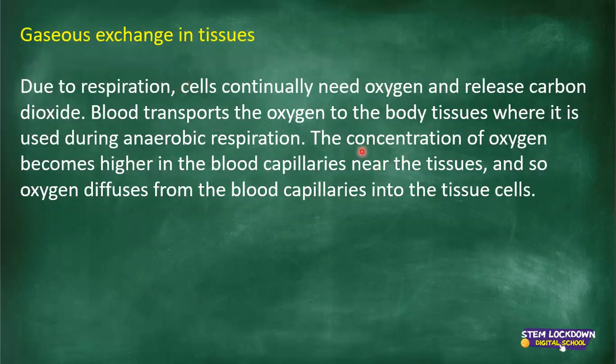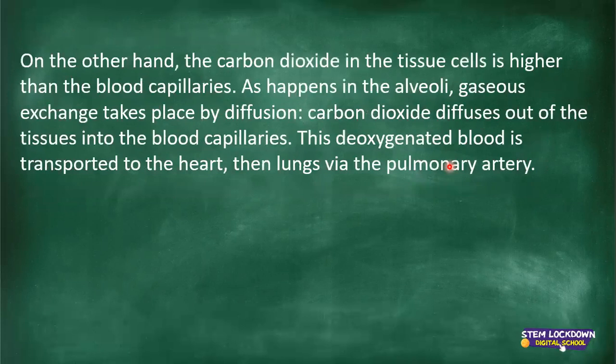With oxygen again, as we discussed, there's a high concentration of oxygen in the blood capillaries. It will move from this high concentration to the low concentration, which is in the tissues. That's how diffusion works, remember? So that is what's happening here.